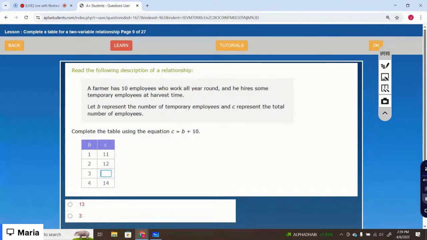Complete the table using the equation c equals b plus 10. So, which is the correct option?